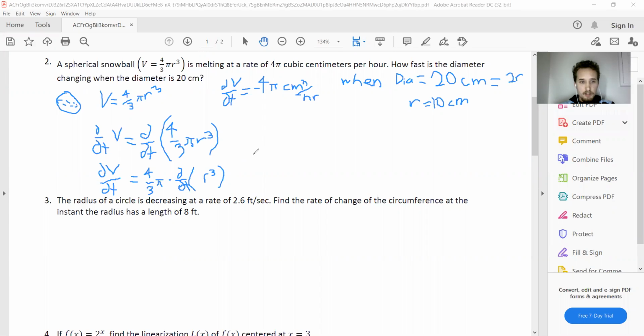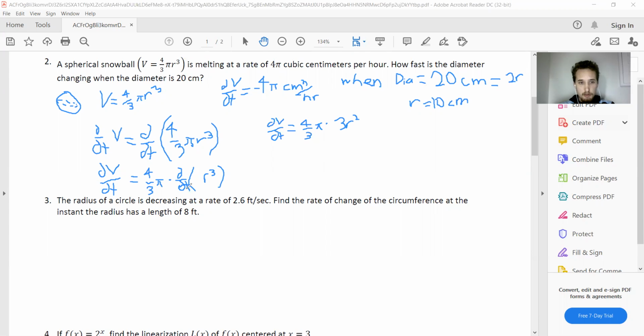Okay, so dV/dt equals 4/3 pi times r to the third. Relatively easy, 3r squared.